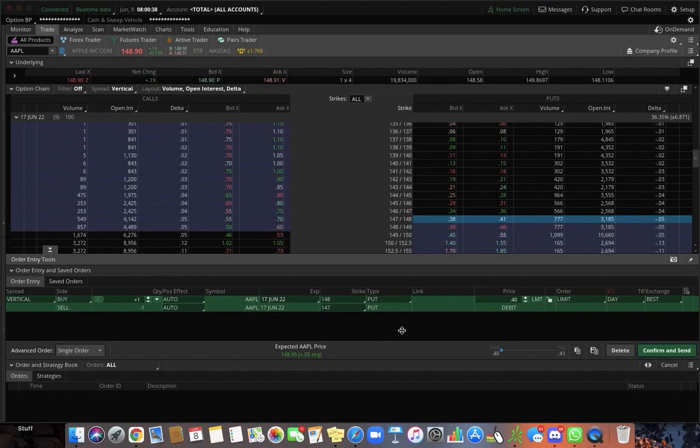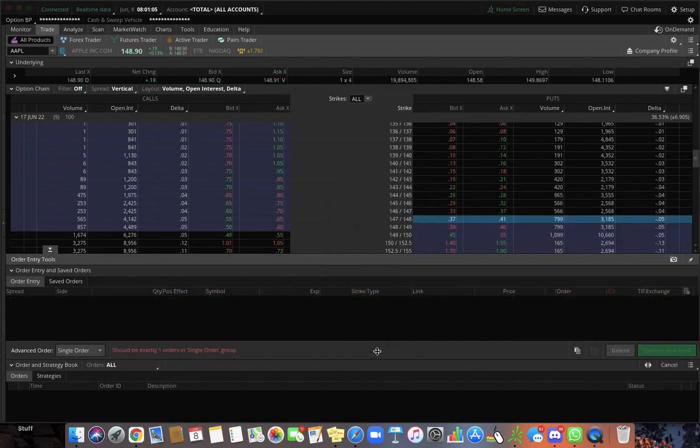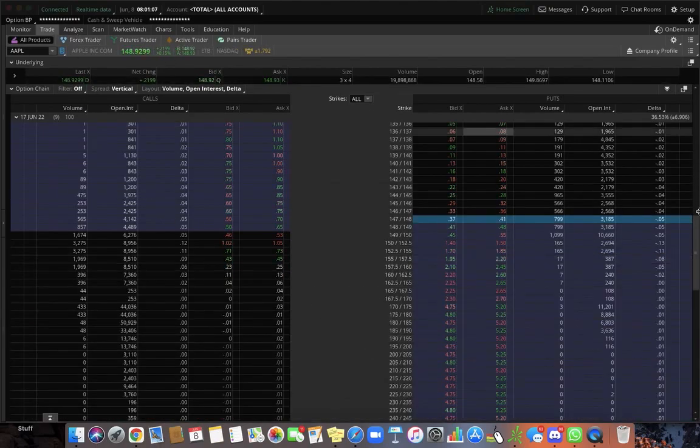This is just like buying a put. It's directional and it costs less, and so your reward is also less. It's going to cost you $40 to get into one contract. If you confirm it, the most you can make is $61, and the most you can lose is the $39. So that's a 2-to-1 risk ratio.